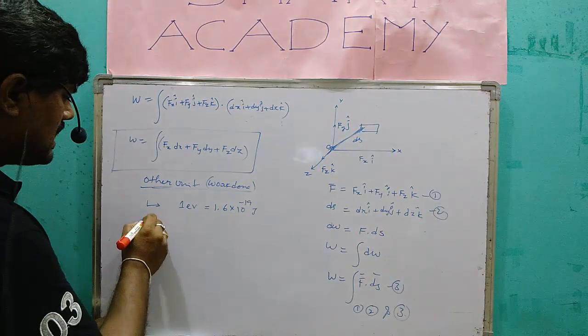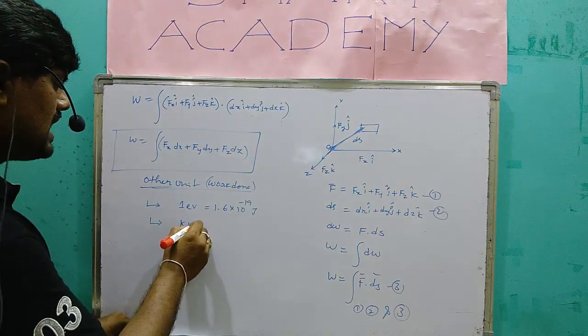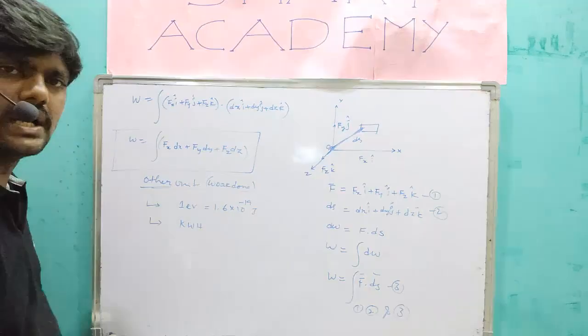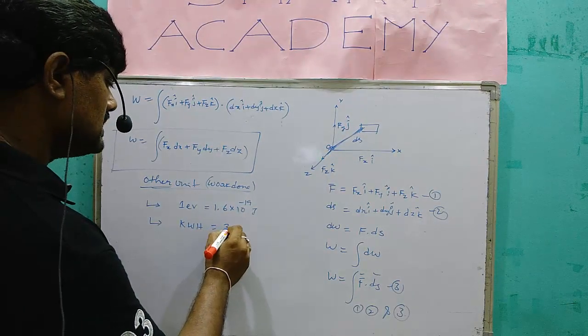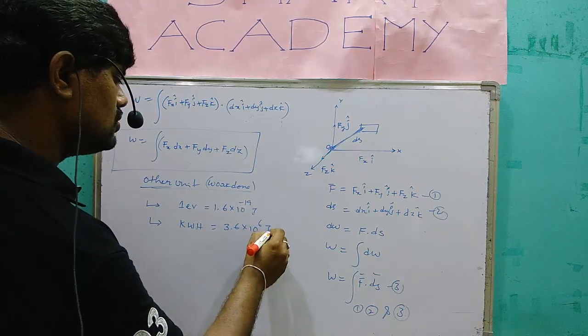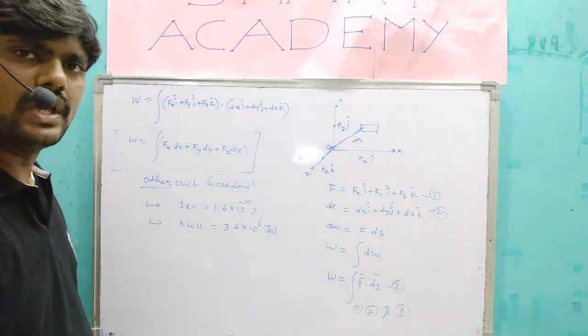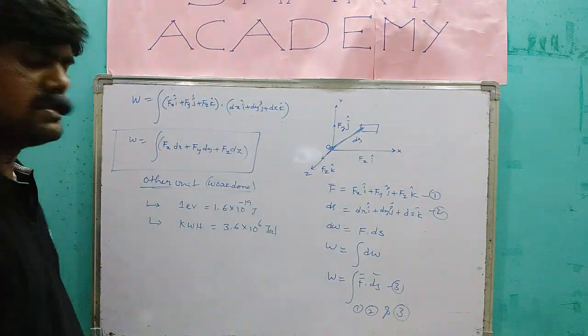Another unit for work done is kilowatt hour. 1 kilowatt hour equal to 3.6 into 10 to the power of 6 joules. So these are the other units for work done.